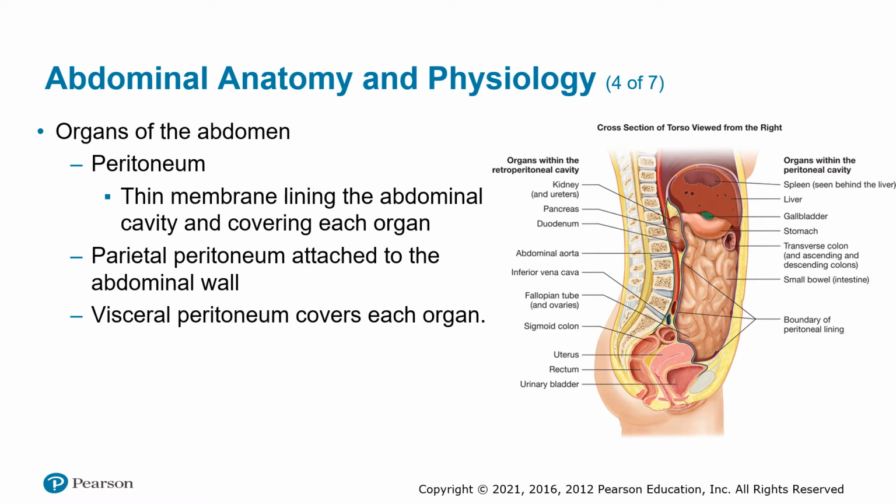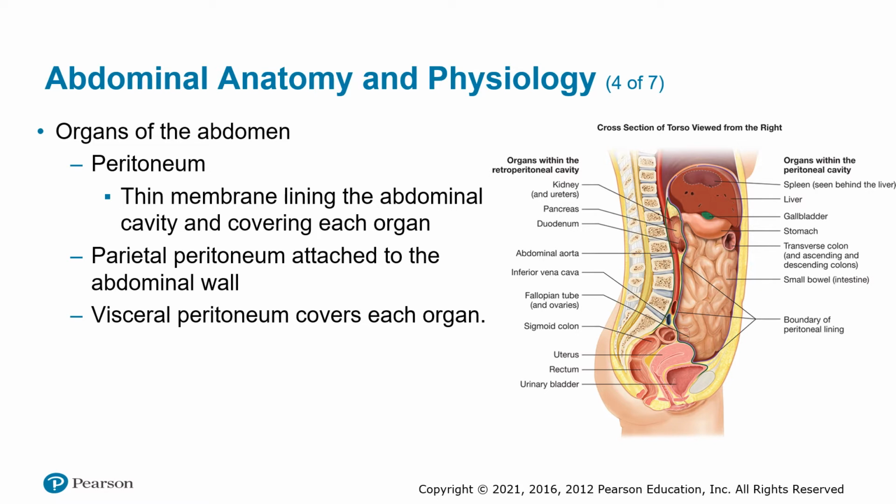So the peritoneum is a lining of the abdominal cavity. The peritoneum is both the parietal and visceral.